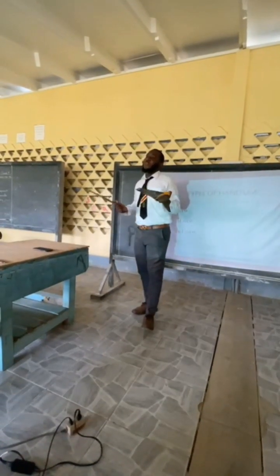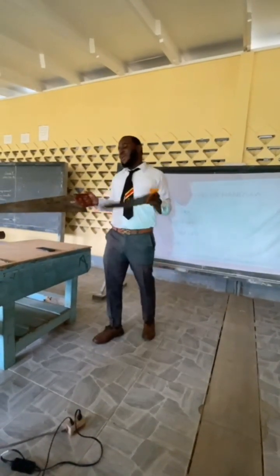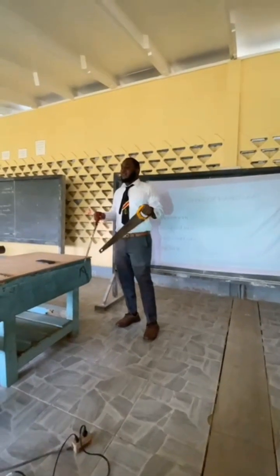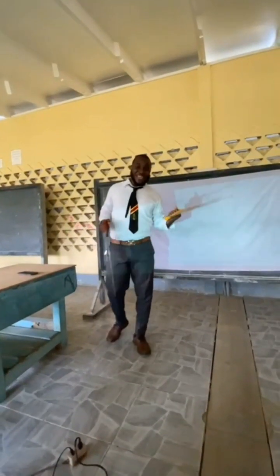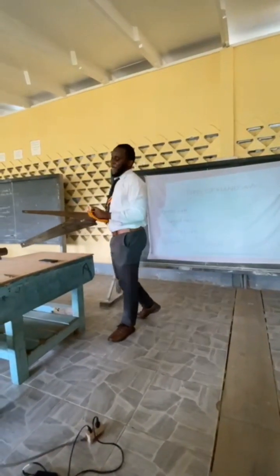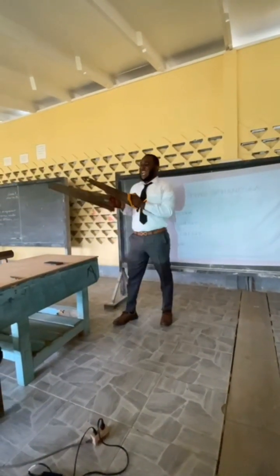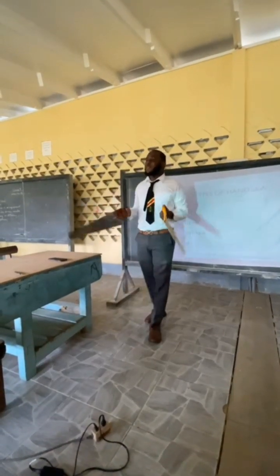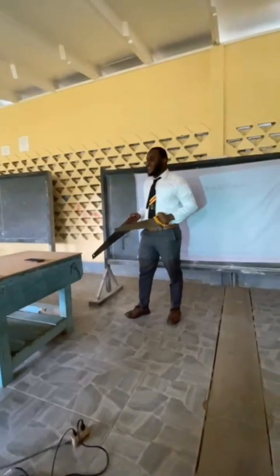Maybe we want to start talking about, oh, these two saws look the same, but no, they are not. There's a difference between those two saws. And does anyone want to guess where the difference comes into play?